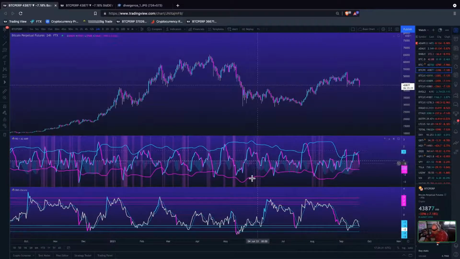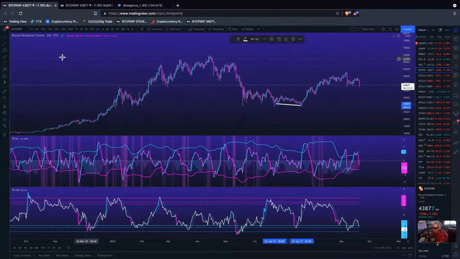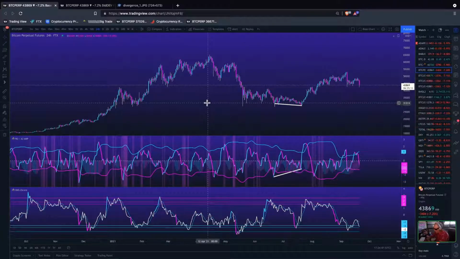Yeah, this is what I wanted to see right there. Let's get some bear divergence, shall we? So, bam, we started coming out of that low at 28K. We got down there.